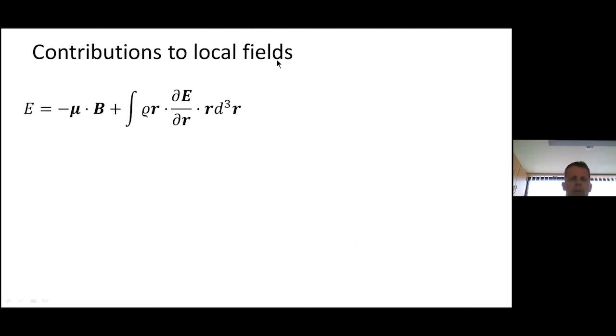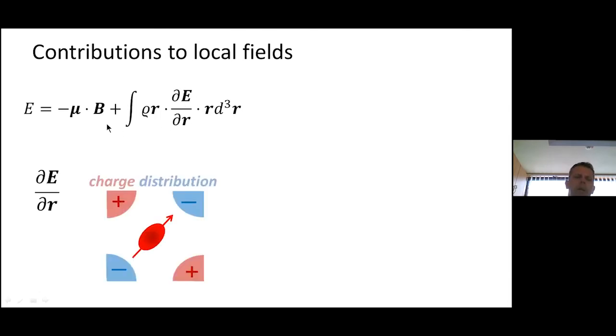Okay, so basically, to summarize, the energy of a nucleus in a magnetic field is given by the dipole contribution to the magnetic energy and quadrupole contribution to electric energy. Or in other words, from NMR spectroscopy, we should be able to learn about the magnetic field at the position of the nucleus and electric field gradient at the position of the nucleus.